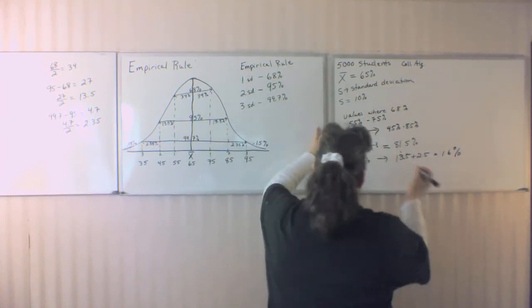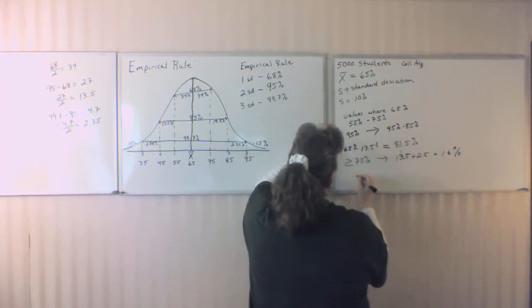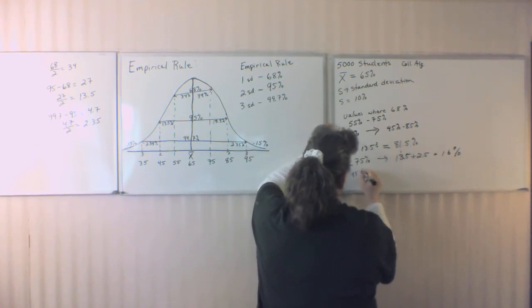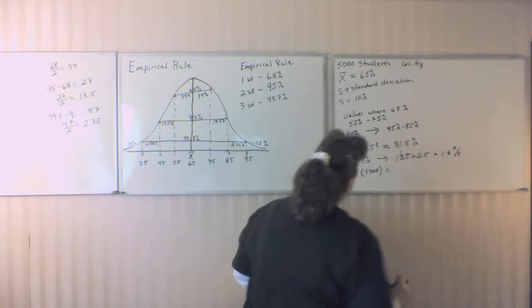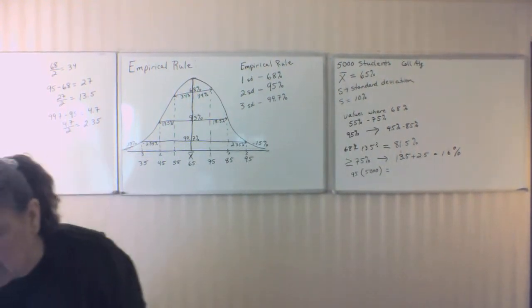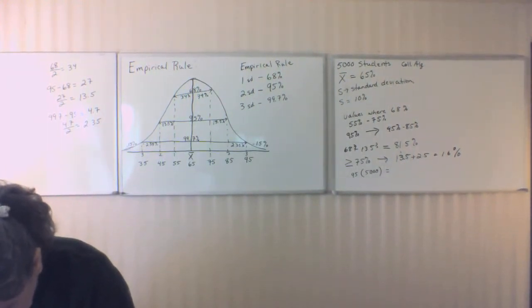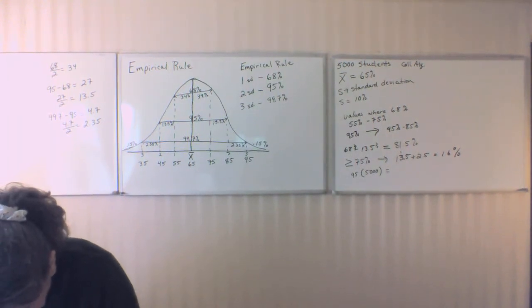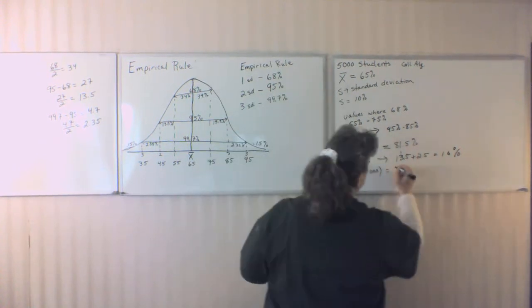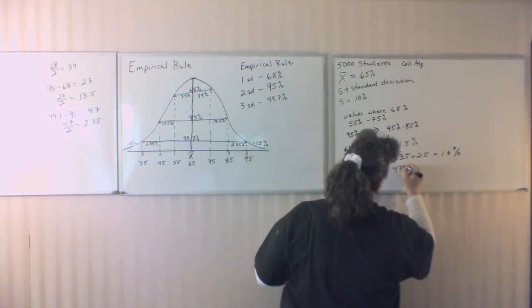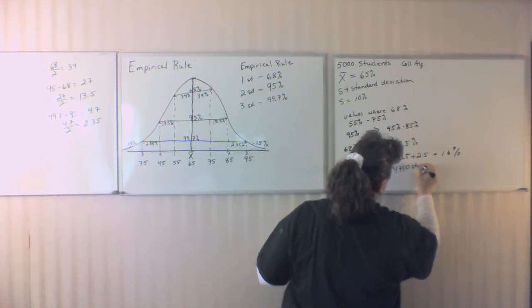So that will be 0.95 times 5,000, which is going to equal, that's 950 per thousand times 5, 4,750 students. And this is actually students, so you're going to have to label it as such.